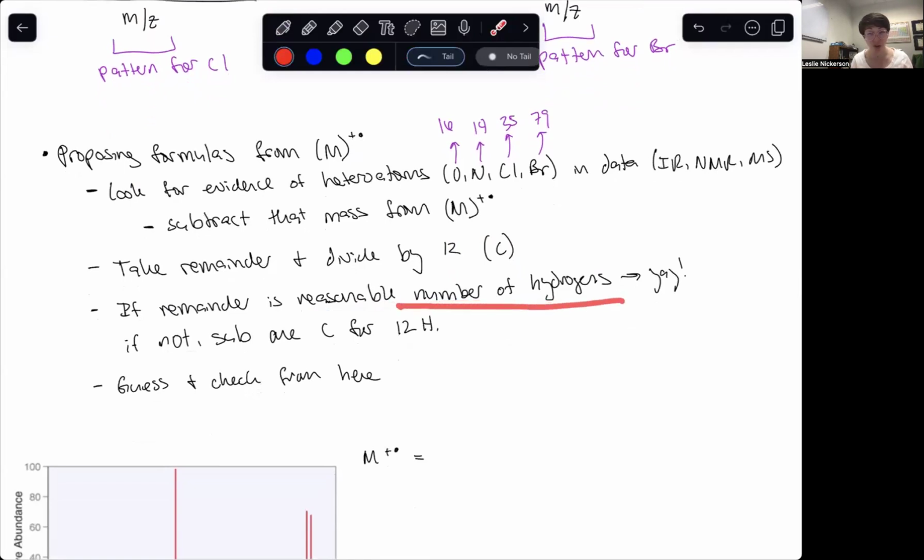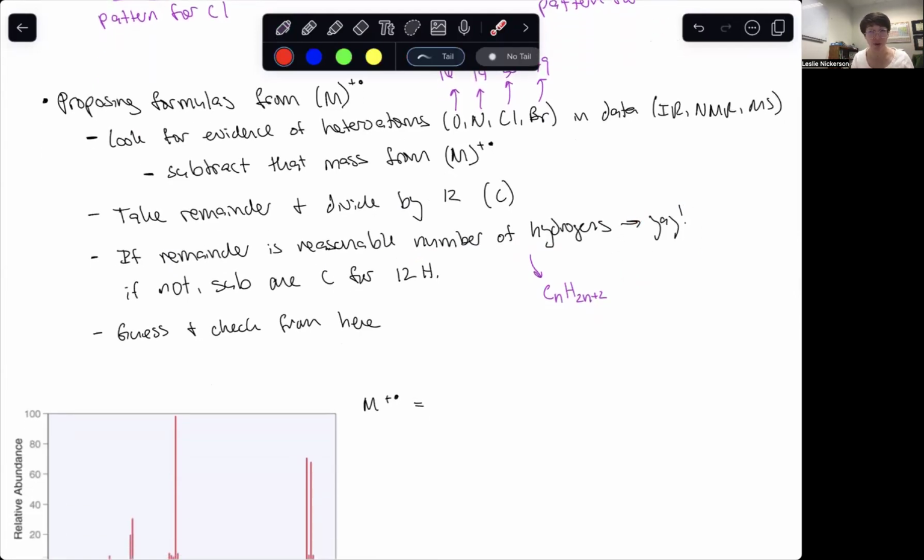A typical hydrocarbon would be something like CnH2n+2, though it can have slight variations based on rings and pi bonds and things like that. Then great, the remainder is probably just all of our hydrogens.